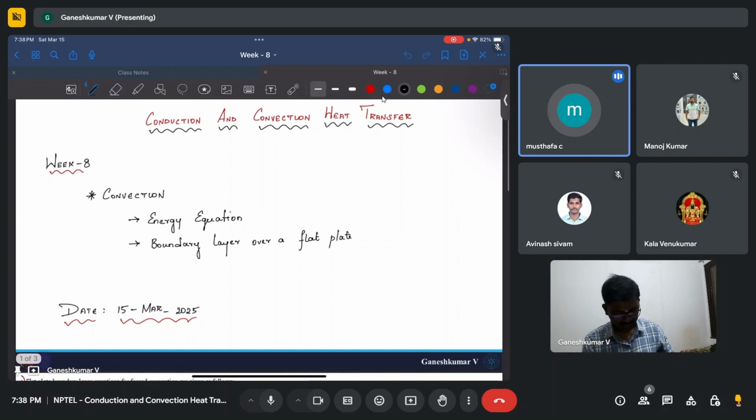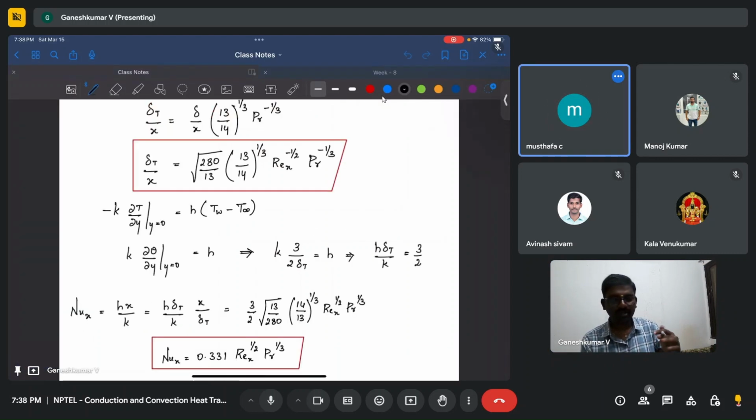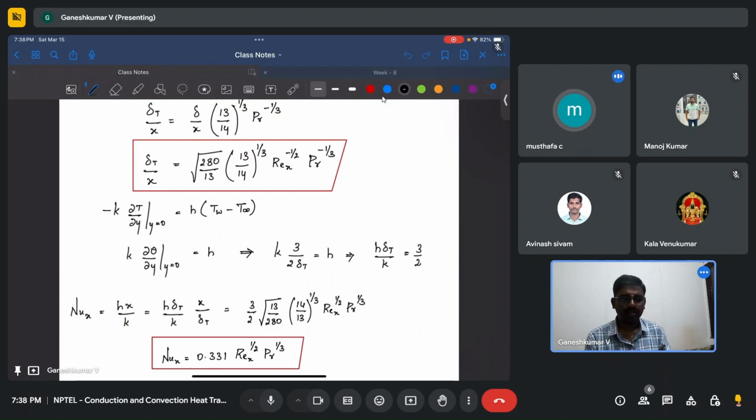Madam is asking about dP by dt, not PdV. So dP by dt, that's what I'm trying to say. dP by dt has a lot of things in it. dP by dt has dou p by dou t, and additionally there is a u times dou p by dou x, right? So that does not really represent the flow work. In the enthalpy equation, the flow work is within it.